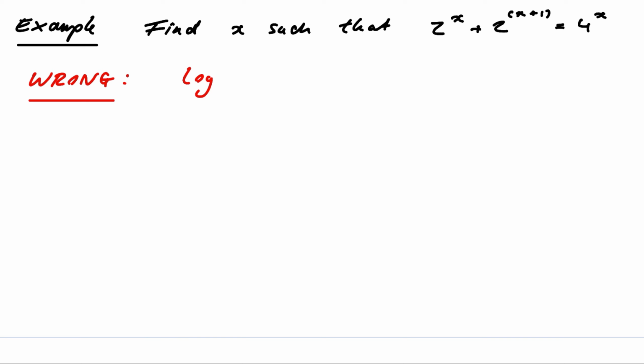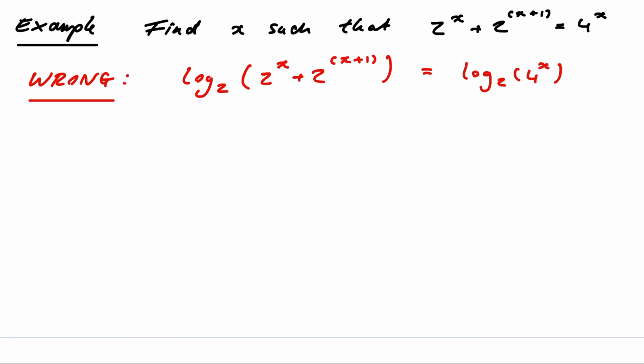If I choose, let's say, base 2, it shouldn't matter too much, but let's choose base 2 because it's obvious. So if I choose base 2, apply it to both sides, that would have to be equal to log to the base 2 of 4 to the power x.